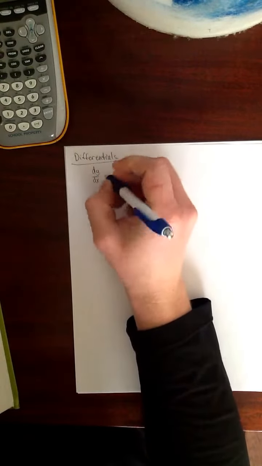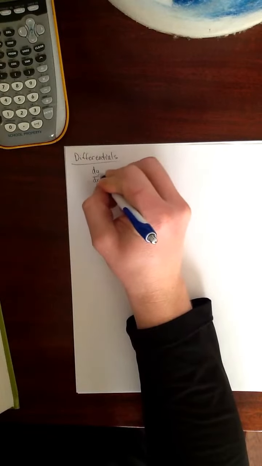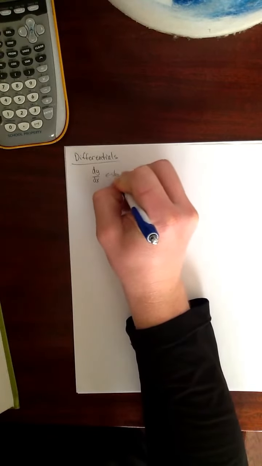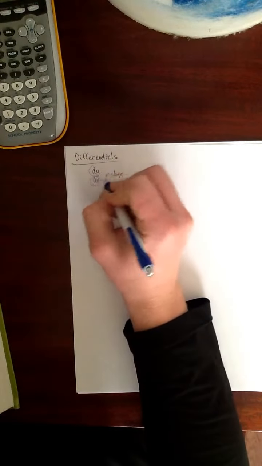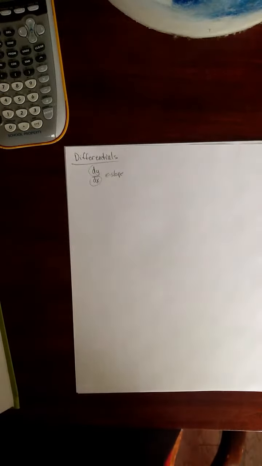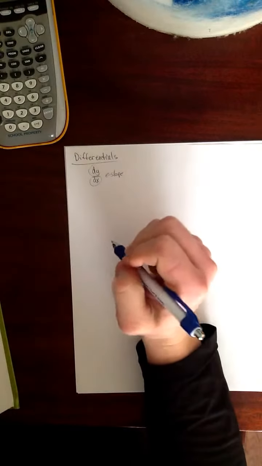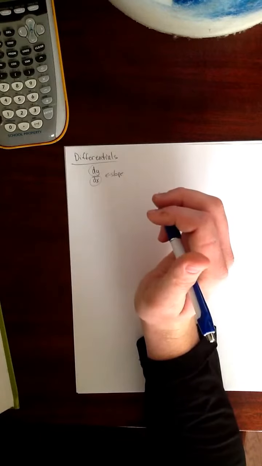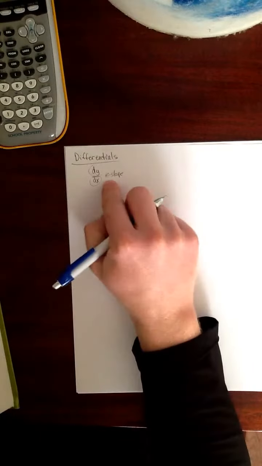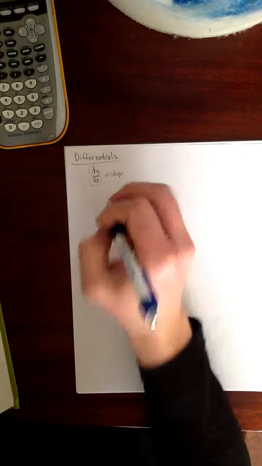And the derivative of a function is basically the slope, right? So this is like slope, or the change in y over the change in x. That's basically what that represents. A differential function is just basically the same thing, just written differently.